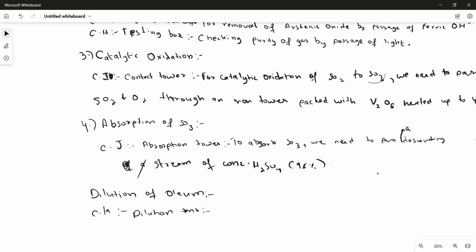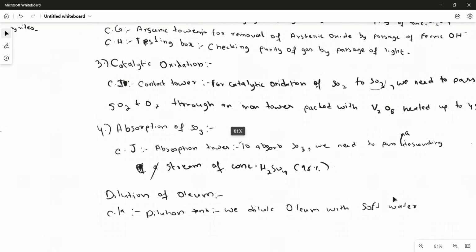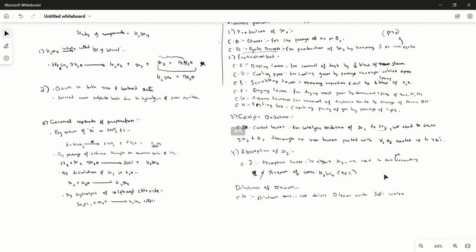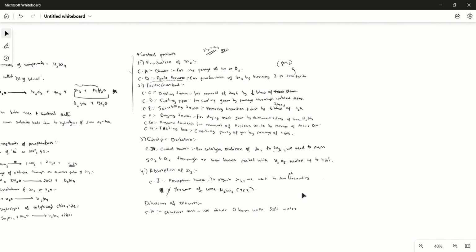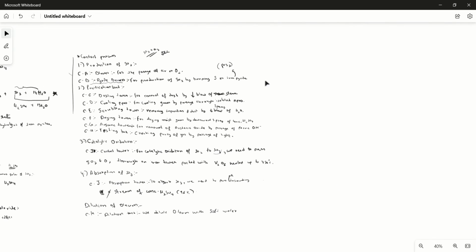What do we do? We dilute oleum with soft water. And then we have H2SO4. All of this just for an acid. That's pretty crazy. Okay, anyways. Ooh, that was a bad line.